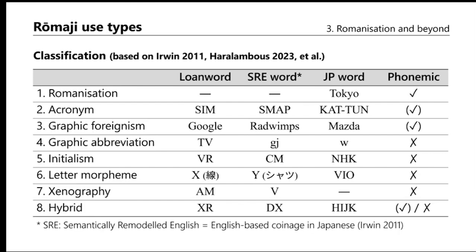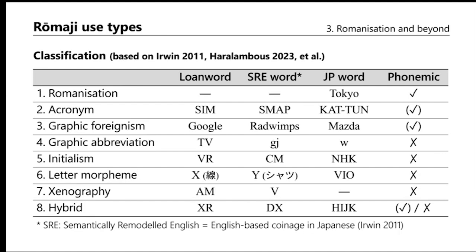But for other items such as SIM and Google and all the rest, AM may be written in the Japanese word in kanji, the Japanese word gozen in kanji. But all these words are usually written in Rōmaji, even though we could spell them in katakana.